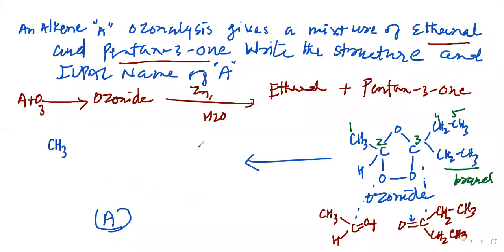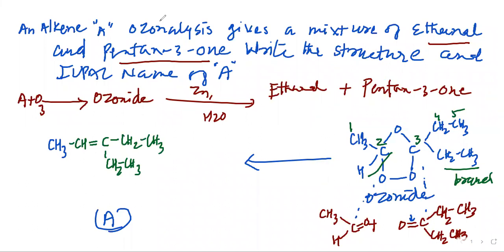So we can write it this way, CH3, then you have CH, this CH I am talking about. Then, my dear students, there is a double bond. Then C, this C has the branch CH2, CH3. And again you have CH2, CH3. So this is the compound which is your A.